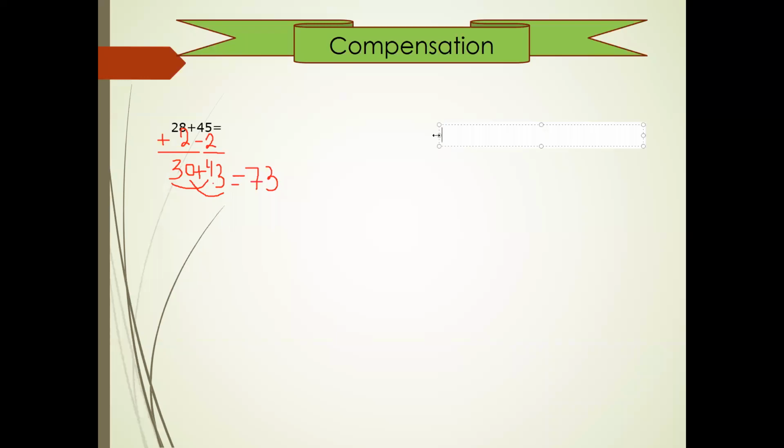Let's do example. 37 plus 19. Okay, what number is closer to 10? Of course, 19, because here you just do plus 1 and you get 20. You get number with 0.